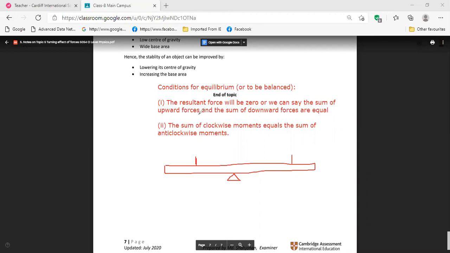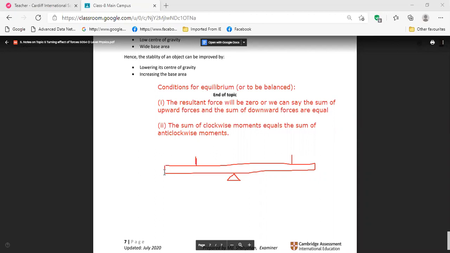Now here we are giving some examples. Like both the sides, we have 1.5 meter, this length from the pivot. This side is 1.5, and the left side also 1.5.